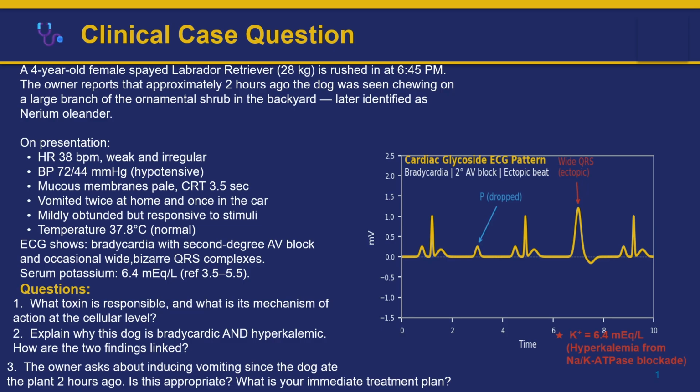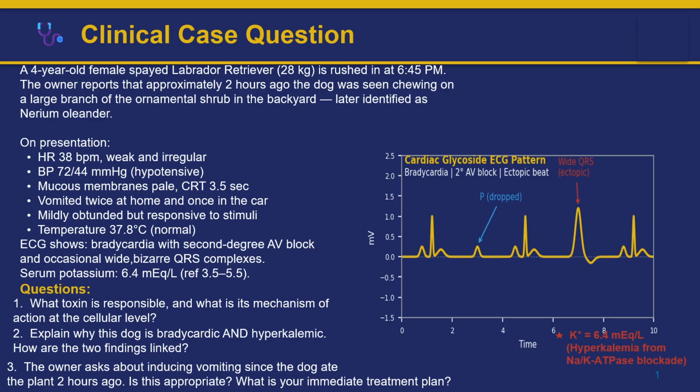The key teaching points from this case. Oleander is a true cardiovascular emergency with a narrow time to death window. Hyperkalemia in a cardiac glycoside toxicosis is mechanistically linked to pump failure, not renal disease. Calcium gluconate is relatively contraindicated in glycoside toxicosis, the opposite of most hyperkalemia.